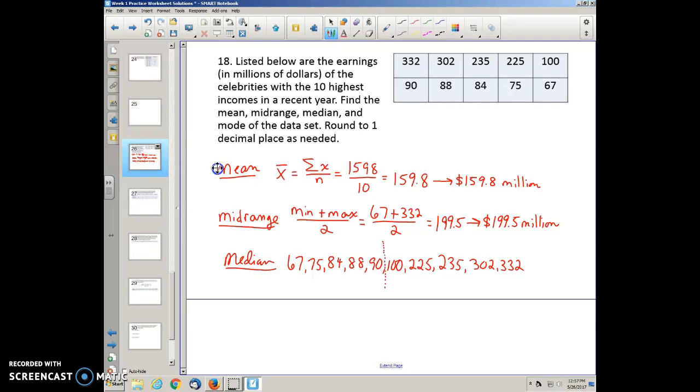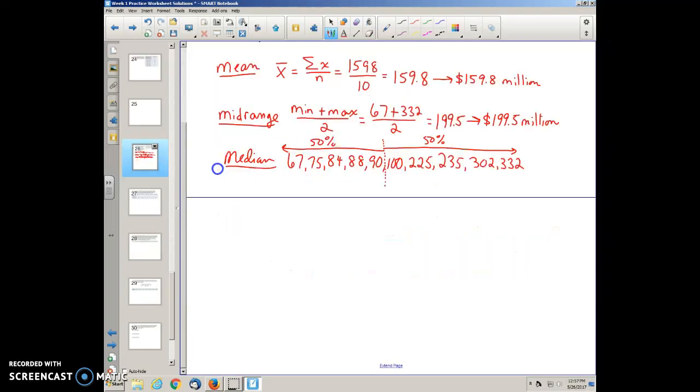If we divide the data set in half, where there's 5 values to the left representing 50% of the data, and 5 values to the right representing 50% of the data, the median will be directly in between those two numbers.